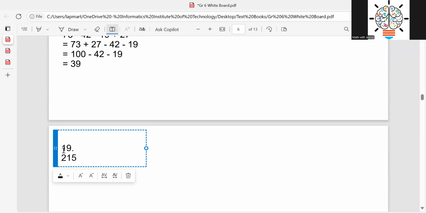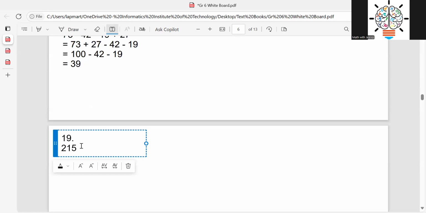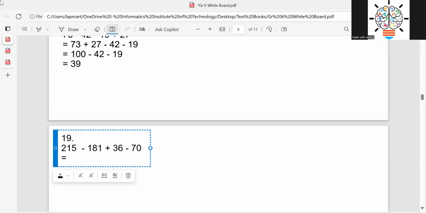So here we have 215. Yeah, so we can write here minus 181 plus 36 minus 70. So we write it as 215 plus 36, then you have 181 and then you have 70.